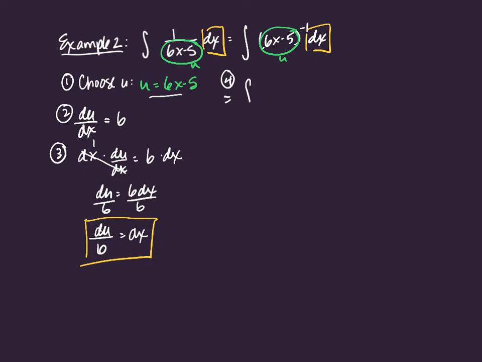In step 4, anything that has a circle gets replaced, or a square, or has a different color, if you're using highlighters. So this will be u to the -1, or 1 over u, and dx gets replaced with du over 6.